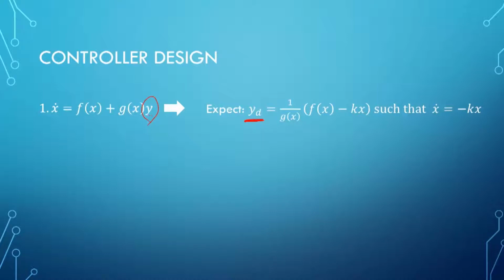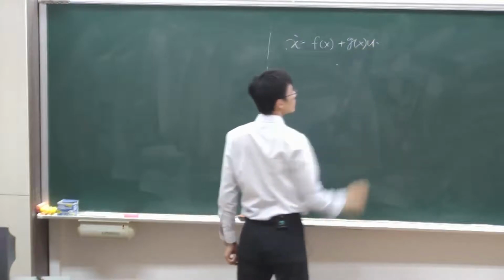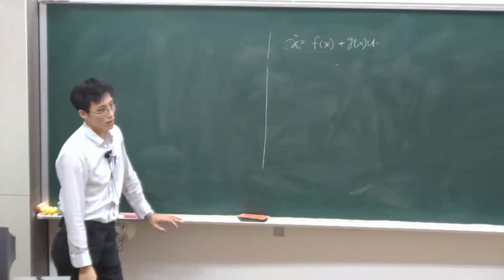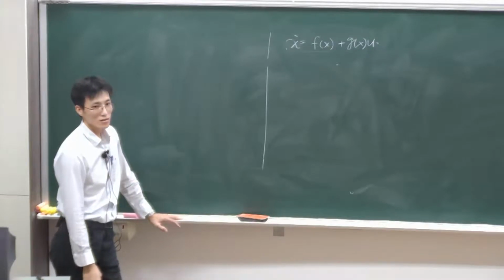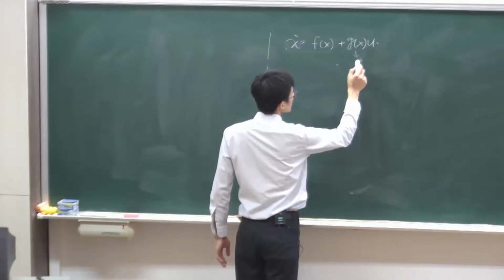So if you consider y as a virtual control, let me ask you a question. If this is y, if this is u, y becomes u, how will you design the system? With exact model knowledge. And this is greater than 0.